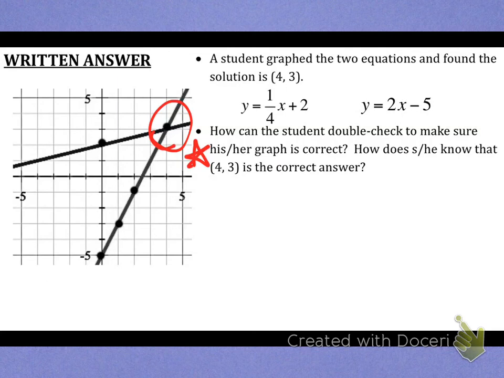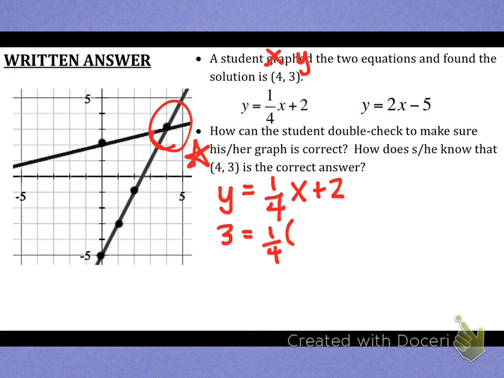All right, so if they take the equations and plug in 4 for x and 3 for y, 1/4 times 4, they cross cancel, you get 1.